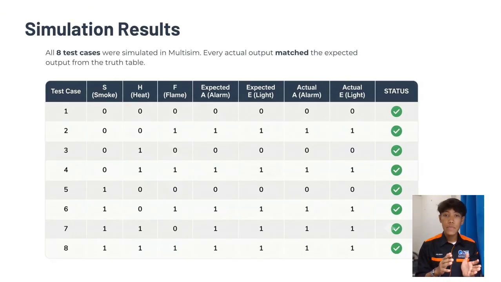But the alarm turns on when flame is detected or when smoke and heat are detected at the same time. So, this simulation result matches the truth table and follows the Boolean expression correctly. The Boolean expression is A equals F plus S and H, and E equals F plus S and H. So, overall, the circuit worked as expected.